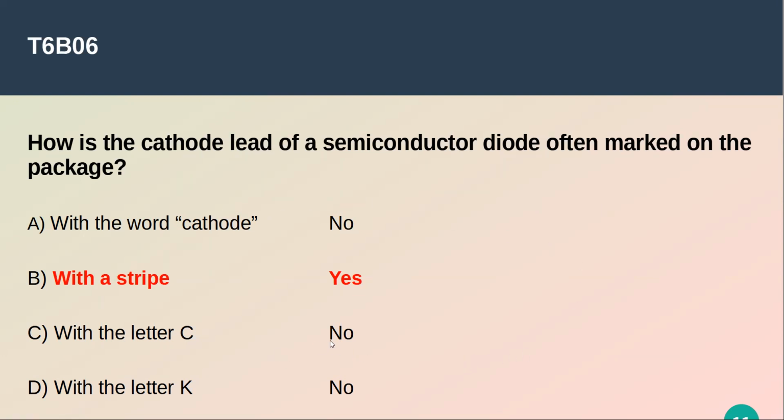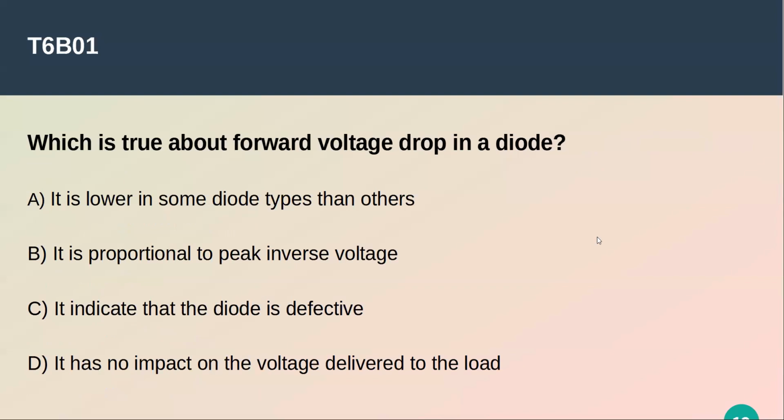I've never seen one with the letter C, or with the letter K. Sometimes the shape will be different, but it'll have a stripe or a different shape. The question says often marked, doesn't say always marked. Right. And that's another thing. Carefully read the questions. Read them twice, because some of the questions are subtle.